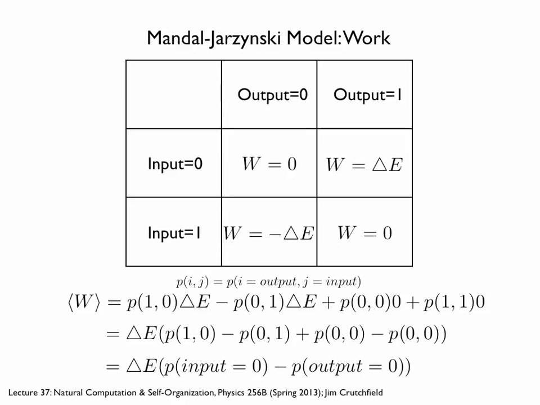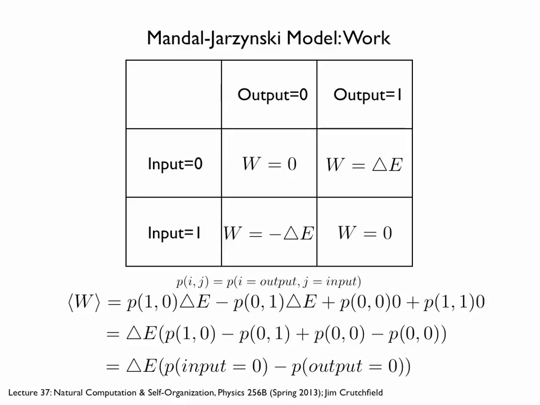So then you can get your expected work. It's just the probability of your input and your output times the work associated with the input and output. And so here you have that it's just delta E times the probability of input 0 and output 1, minus the probability of input 1 and output 0, plus 0. I just added this term because it's 0, and it ends up being convenient because the probability of input 0, output 1 plus input 0, output 0 is just the probability of input 0 right here.